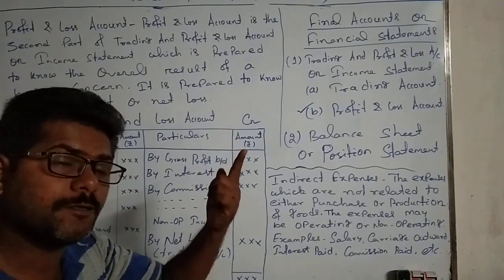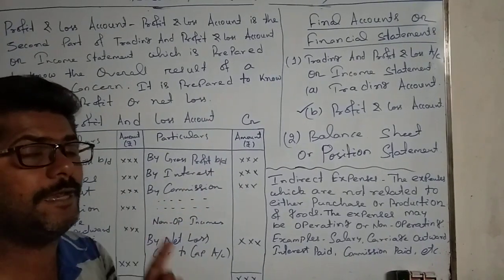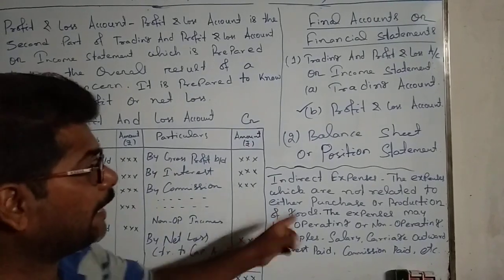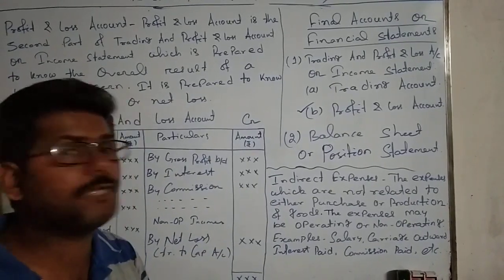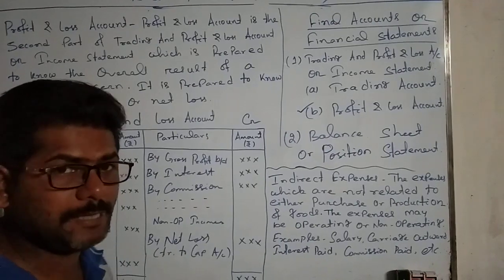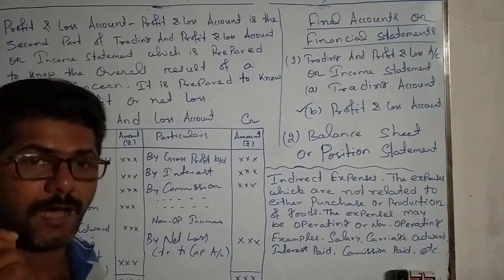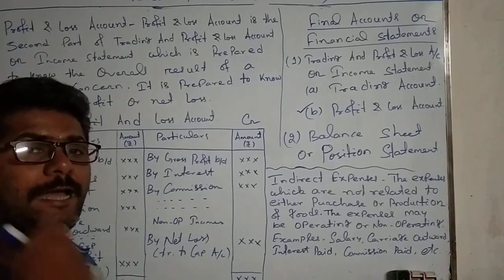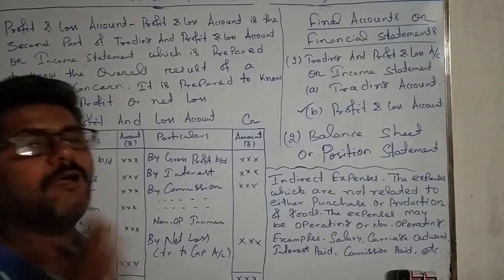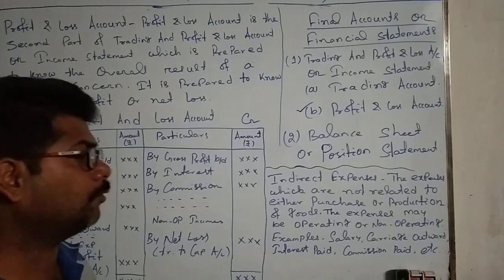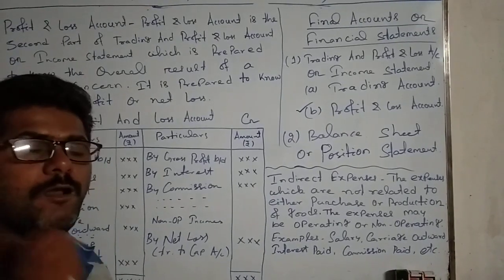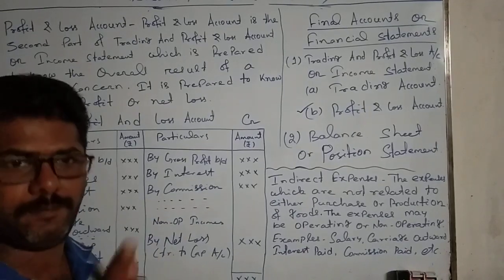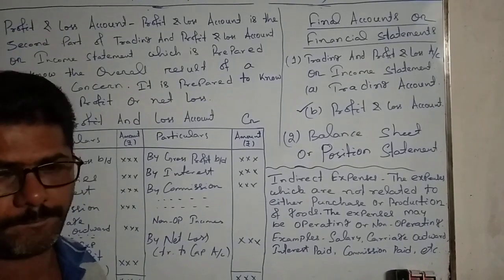Direct expenses are the expenses related to either purchase or production of goods. But indirect expenses are the expenses which are not related to either production or purchase of goods, not related to your trading. That means buying only, not selling.